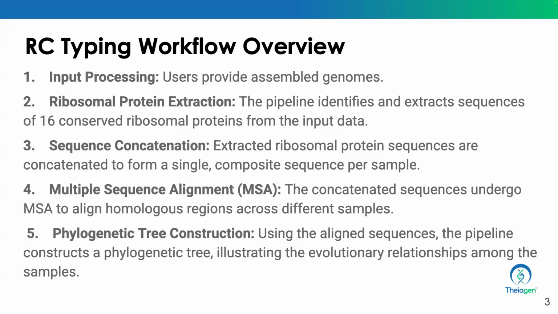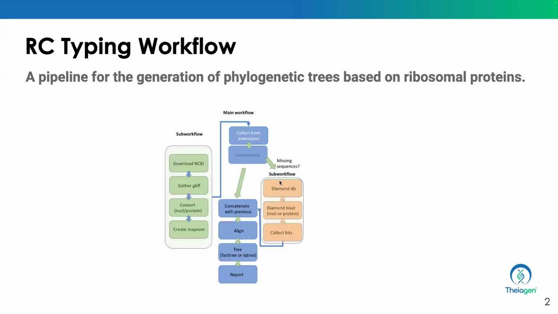So going back to this, if there are missing sequences, let's say, for example, your assembly does not have all the 16 ribosomal proteins, then we have a sub-workflow that would BLAST these sequences against the Diamond database to try and identify these.